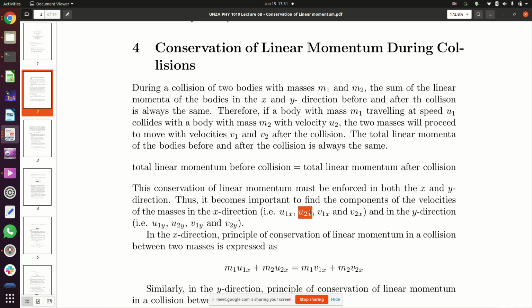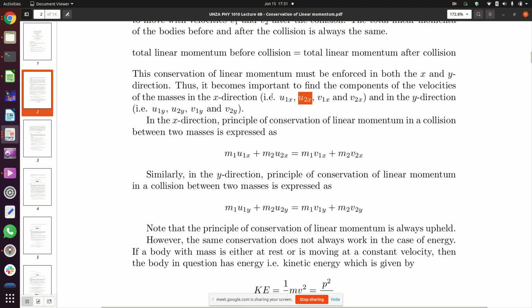So basically you need to find out what these velocities u1 and u2 are along the x direction before the objects collide, and what these velocities v1 and v2 are along the x direction just after collision. Apart from that, we need to reinforce this conservation of linear momentum along the x direction.